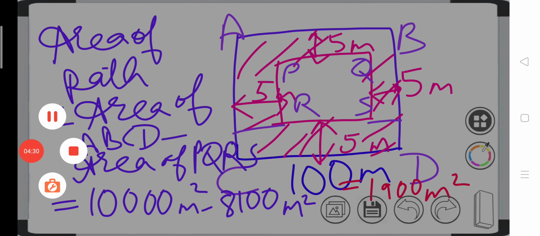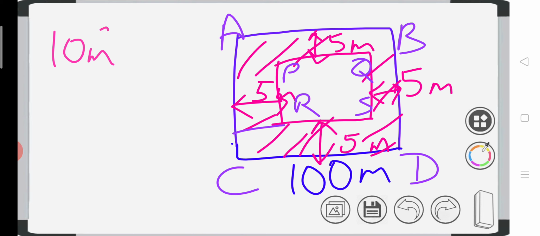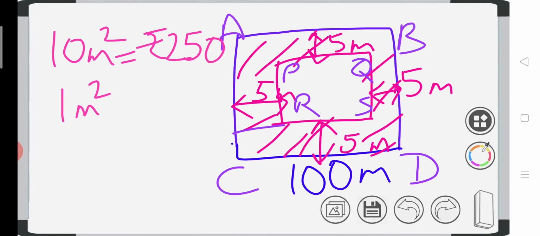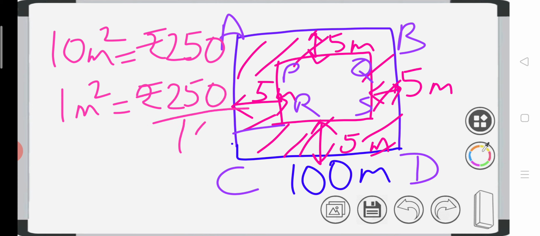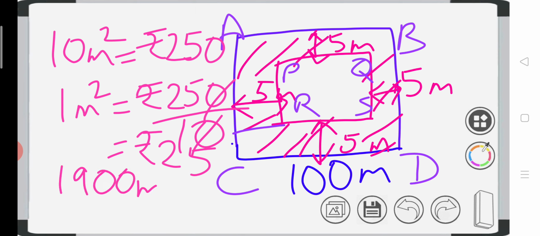So in the question you have been given that the cost of cementing 10 meter square is Rs 250. So first of all we will find out the cost of cementing 1 meter square. It will come out to be 250 divided by 10. So the cost of cementing 1 meter square is Rs 25 and we have to find out the cost of cementing 1900 meter square.